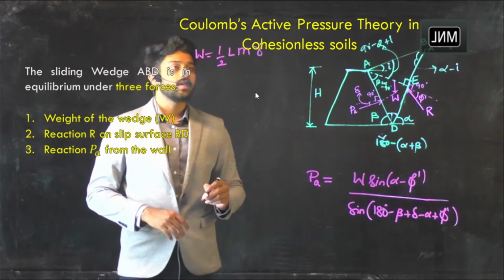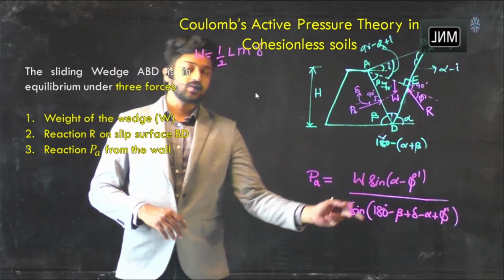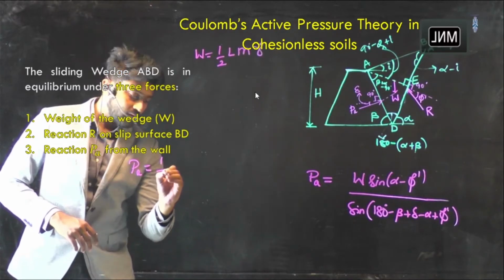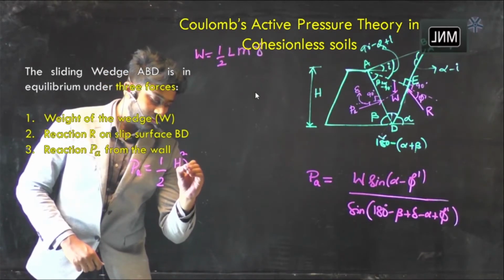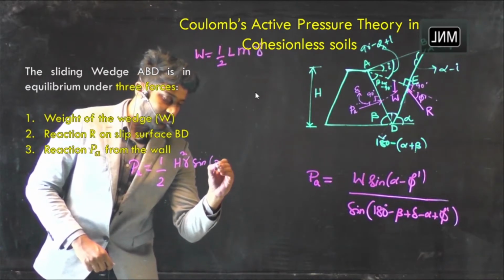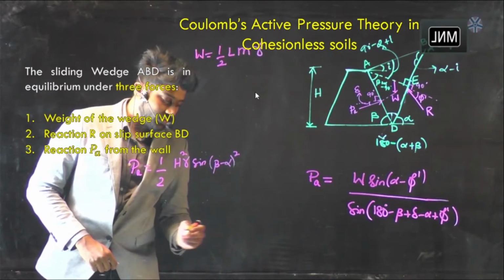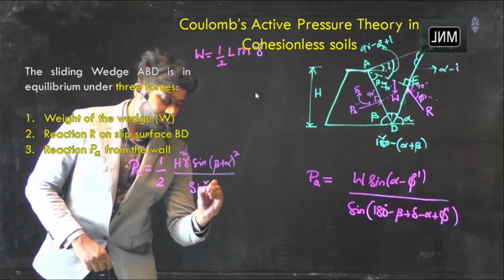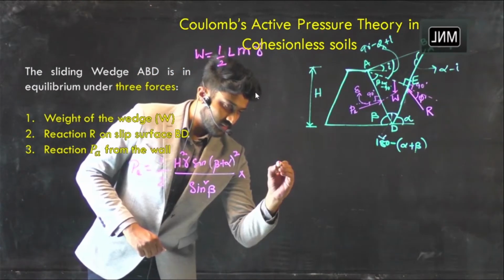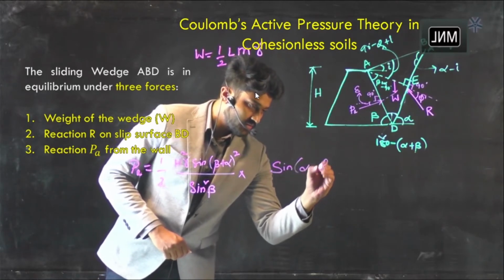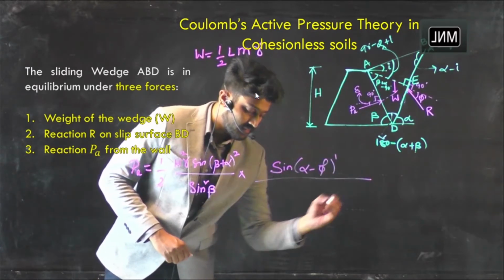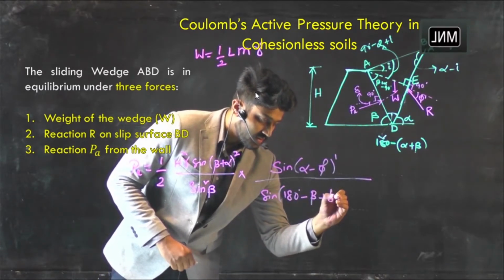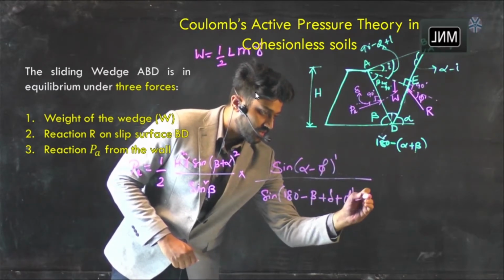We know L, M and gamma, so substituting this W in this equation, finally we can obtain the value of PA as half into H square gamma sine of beta plus alpha whole square, divided by sine square beta multiplied by sine of alpha minus phi dash by sine of 180 degree minus beta plus delta plus phi dash minus alpha.